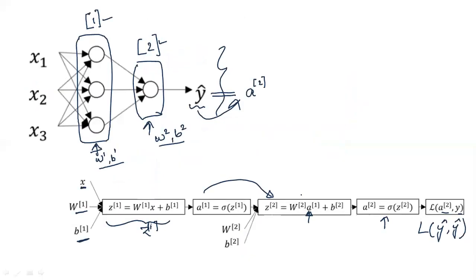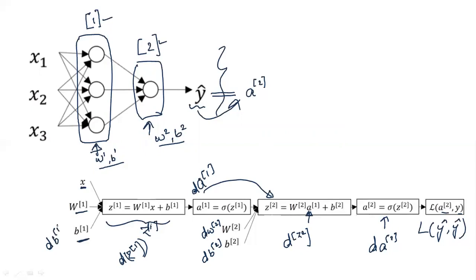And now if we implement the same thing in this computation graph, I need to find the value of d of a2, then d of z2, and then d of w2, d of b2, and d of a1, d of z1, and d of b1, d of w1.